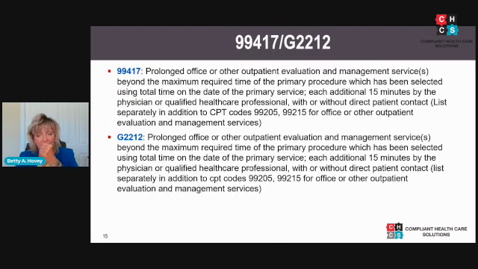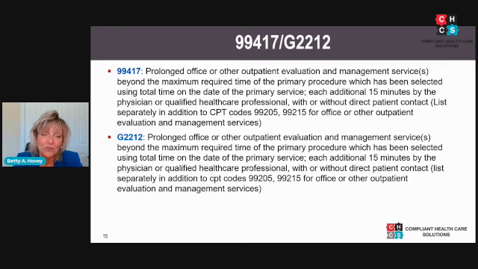All right, now here's a slide on the 99417 and the G2212. I put what the descriptions say for these codes, and if you compare them back and forth, they're exactly the same.